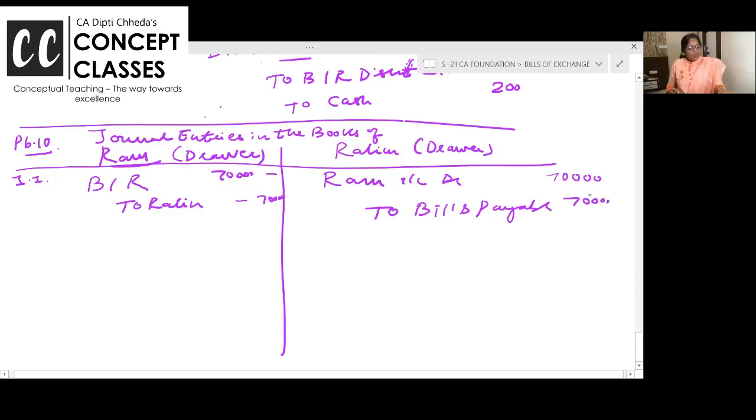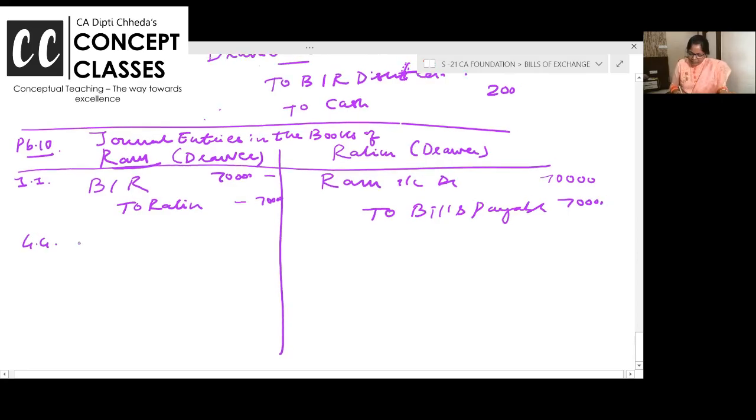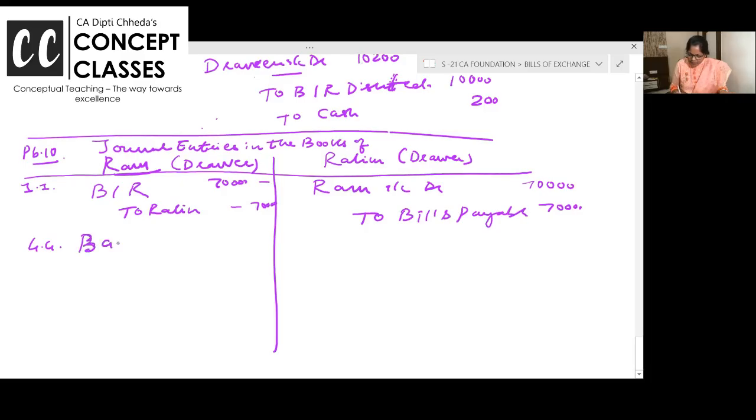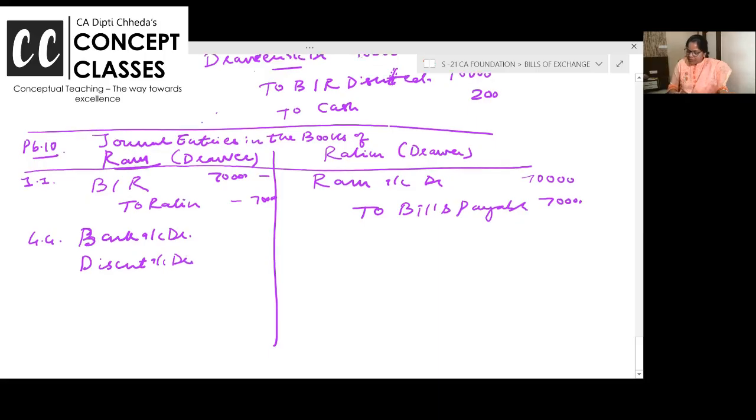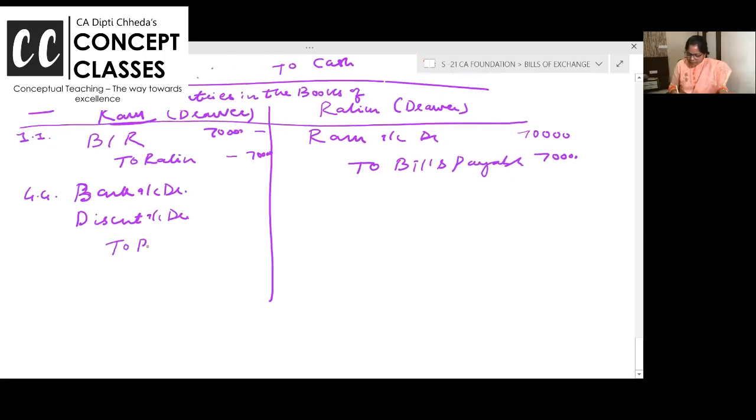Now, on 4th of January itself, we got it discounted with the bank. Bank account debit, discount account debit to bills receivable, because on the very same day, we have discounted it with the bank.